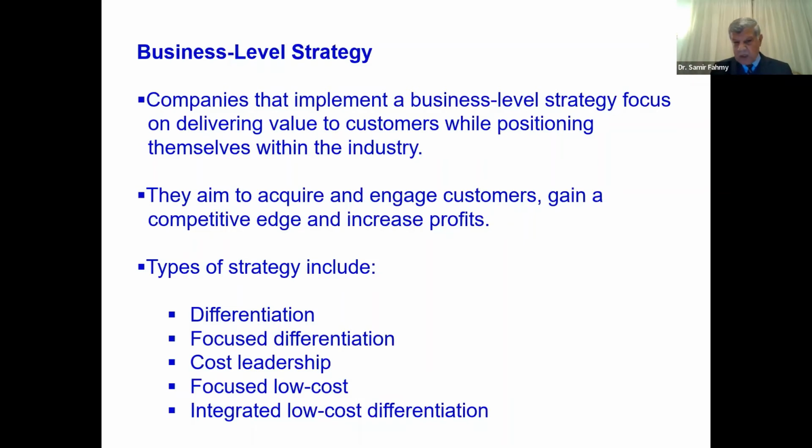Types of strategy include differentiation. You differentiate between your service, your product, between what you offer and what the competitors offer. Focus differentiation. Cost leadership, where you decide that you will sell at a lower price. That's another issue. Focused low cost, integrated low cost differentiation.